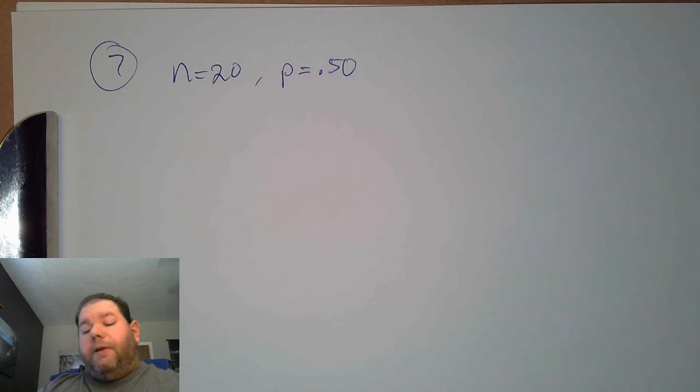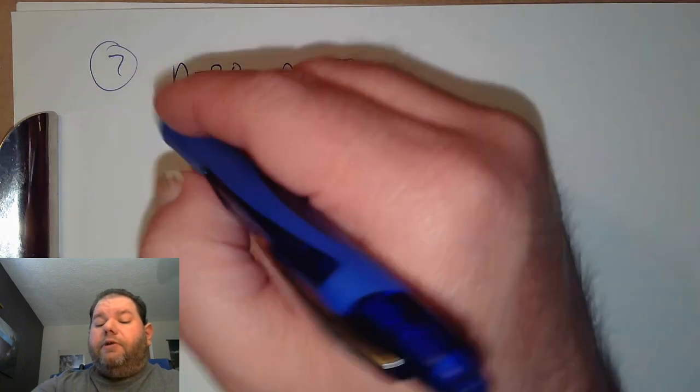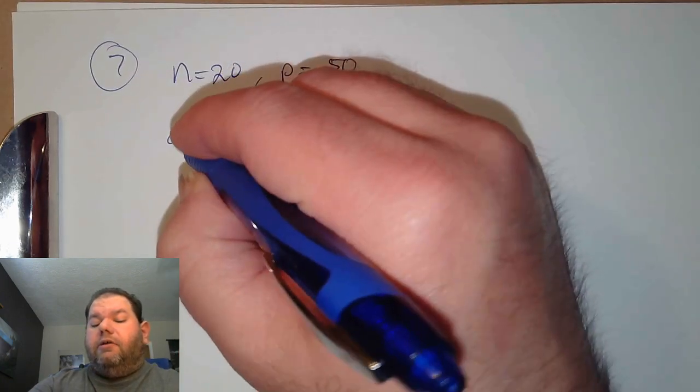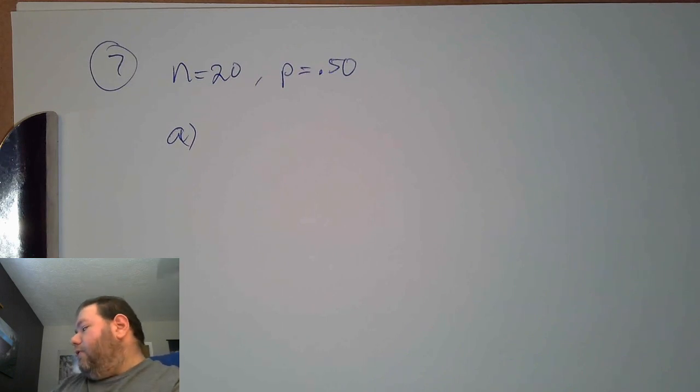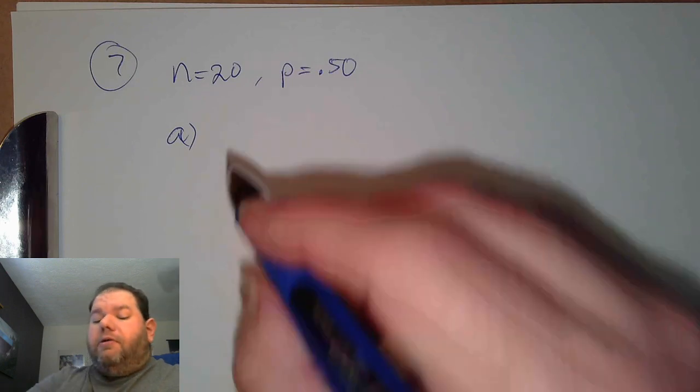So, now based on this, we have 3 different questions. A, find the probability that exactly 12 of the teenagers selected will have a part-time job.